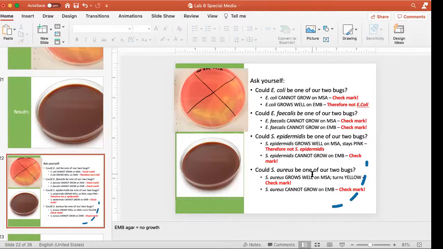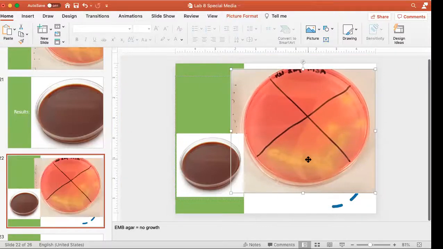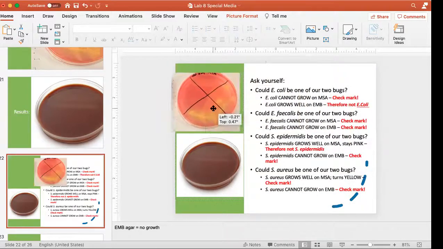But we also know that when Staphylococcus epidermidis grows on MSA, the agar stays pink. This is not Staphylococcus epidermidis, because whatever's growing here is turning the agar yellow. Does that make sense to everybody?